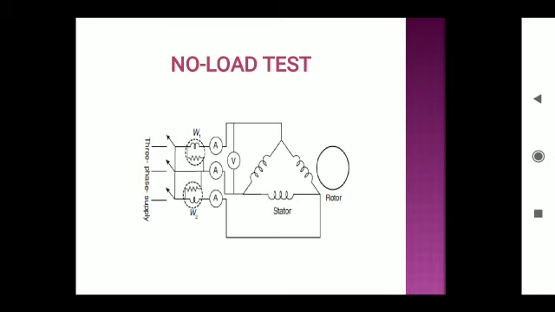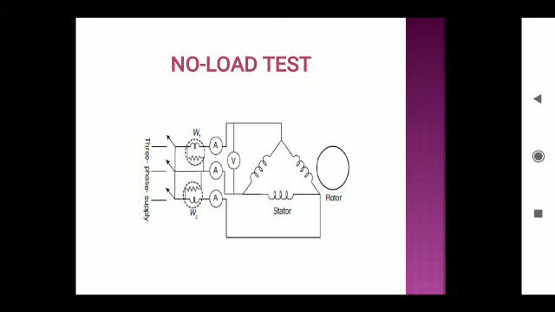Since the no load current is 20 to 30% of the full load current, the I square R loss in the primary may be neglected as it varies with the square of the current. Since the motor is running at no load, total input power is equal to constant iron loss, friction and windage loss of the motor.